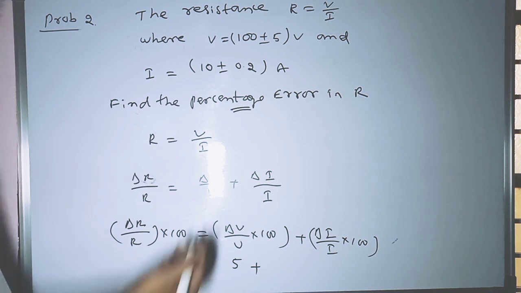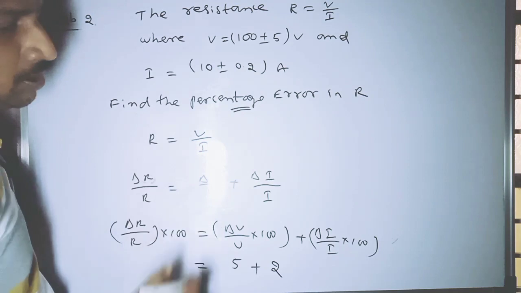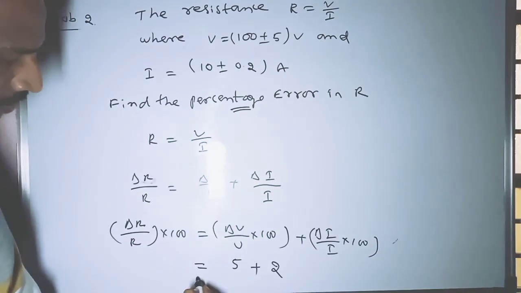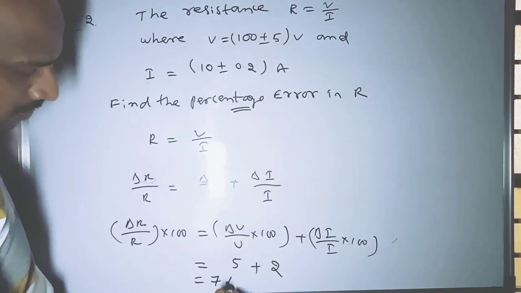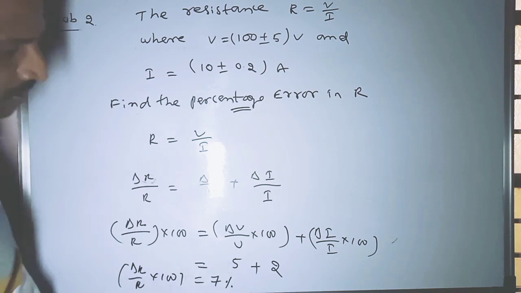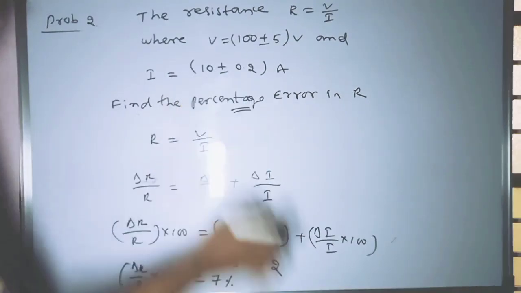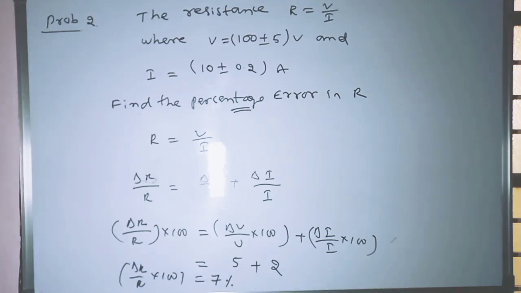That is 2%. So therefore the total is 7%. Delta R by R into 100 is equal to 7%: here 5%, here 2%. That is the second problem. Very simple.